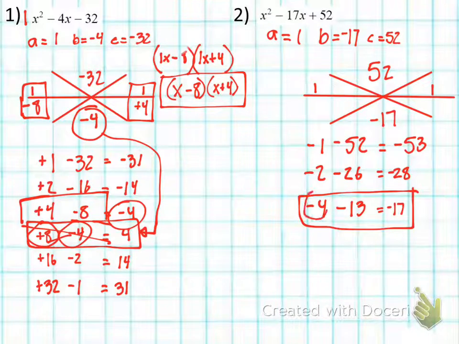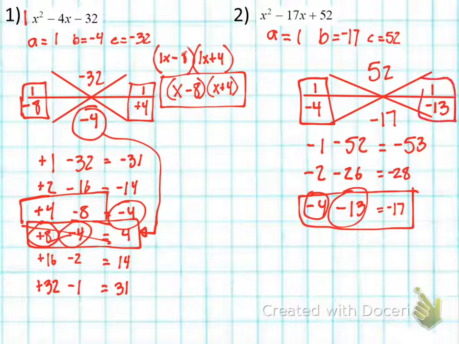So the two factors I want to use are negative 4 and negative 13. Since I'm using these two, I'm going to box them as a fraction and ask myself, can I simplify these at all? No, I can't, so I'm going to use these two as my factors. So do my two parentheses.